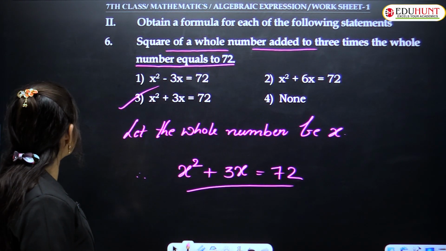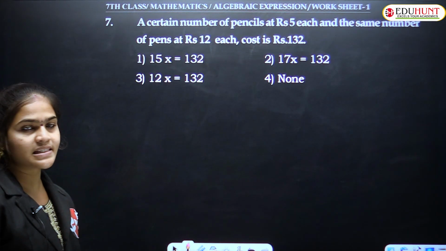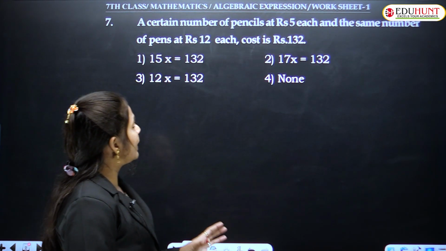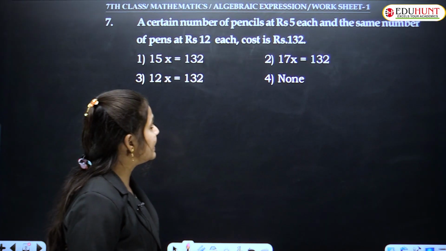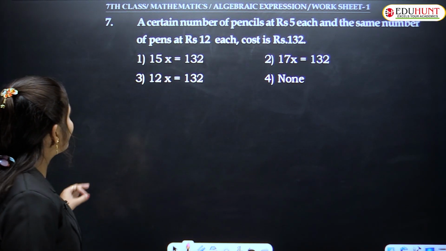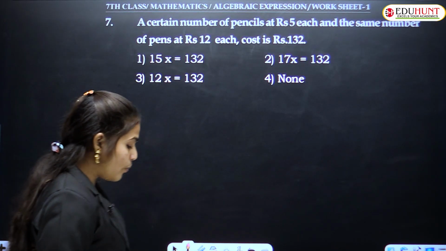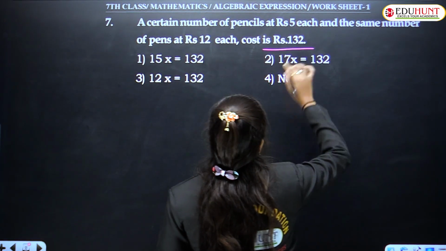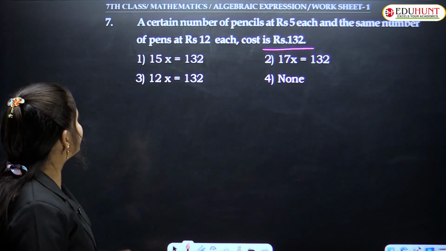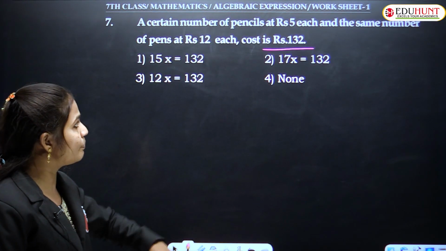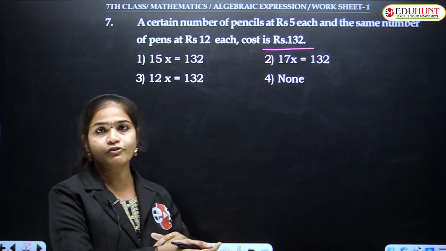Next is the seventh one, see that. A certain number of pencils at 5 rupees each and the same number of pens at 12 rupees each. The cost is 132 rupees. Children, a certain number of pencils and the same number of pens.